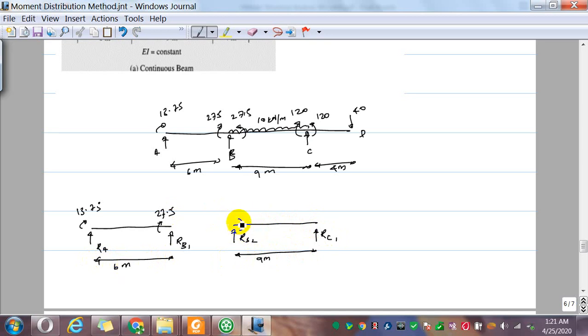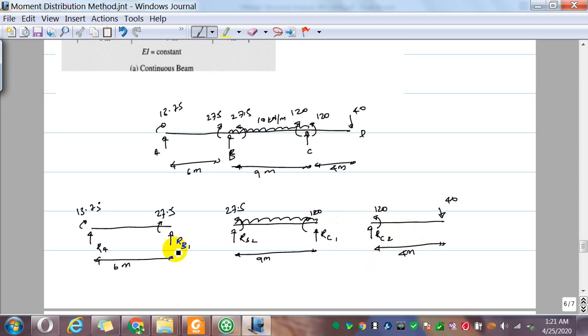So here 27.5, here 120, and there is a load acting on this one. So here if you consider this component RC2, then there's a moment 120, there's a load 40, and the distance is 4 meters.